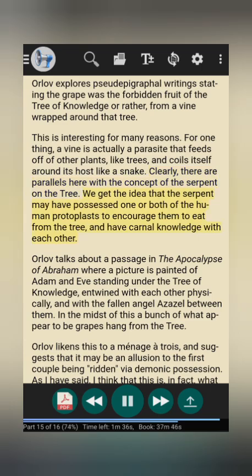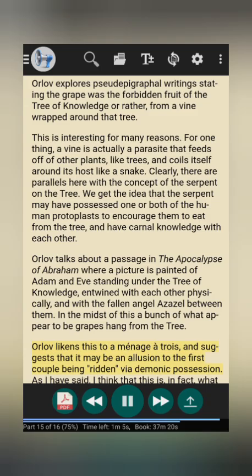We get the idea that the serpent may have possessed one or both of the human protoplasts to encourage them to eat from the tree and have carnal knowledge with each other. Orlov talks about a passage in the Apocalypse of Abraham where a picture is painted of Adam and Eve standing under the tree of knowledge, entwined with each other physically, and with the fallen angel, Azazel, between them. In the midst of this, a bunch of what appear to be grapes hang from the tree.